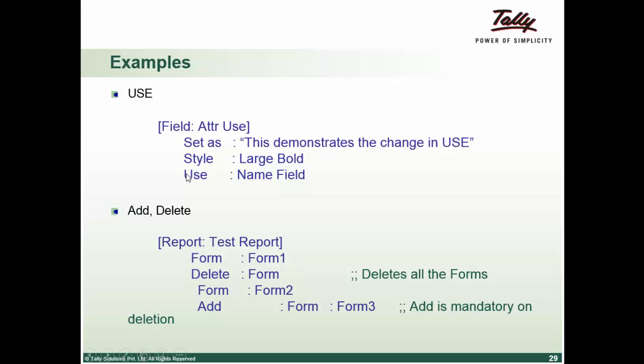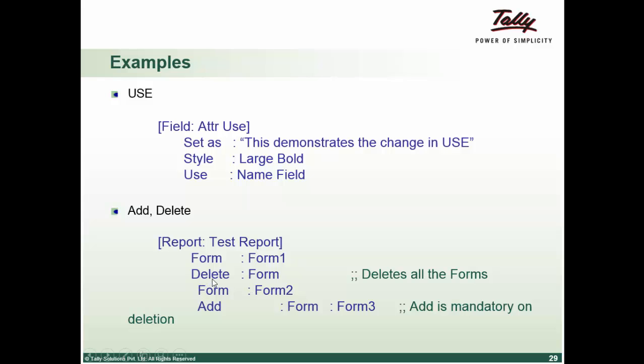The use gets executed first, then the set as will get executed, and then the style will get executed. Similarly, for the report attribute, use does not exist, so it won't execute anything. Then the normal attributes get executed, so the attributes pertaining to report will get executed. So form 1 and form 2 get executed.